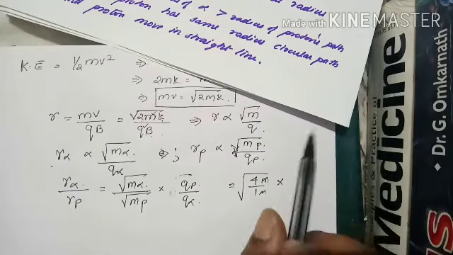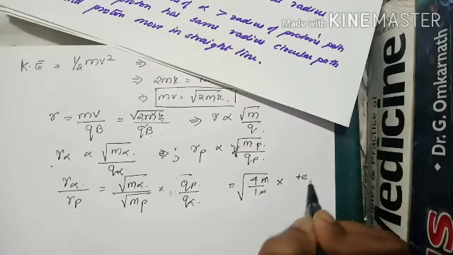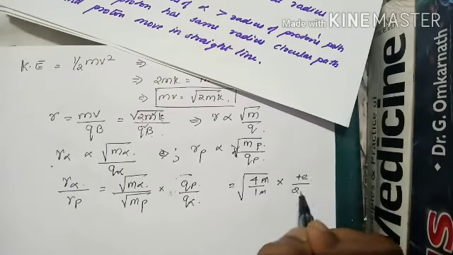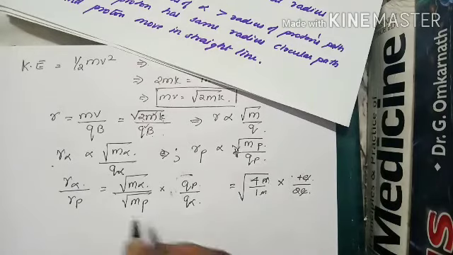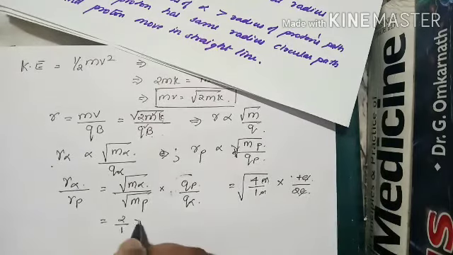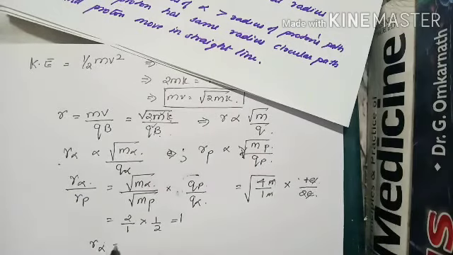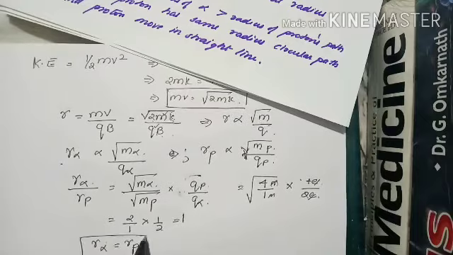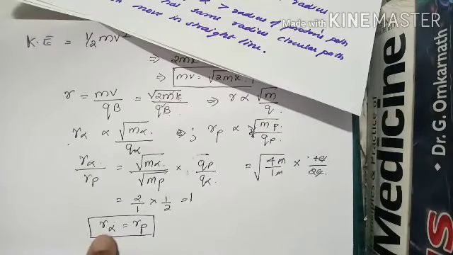You are given charge of the proton is 1 electron, so I will write it as plus e, and what is q alpha? It is 2e. So e cancels out, so it is 1 by 2. So this root 4 by 1 becomes 2 by 1. So it becomes 2 by 1 into 1 by 2, that is equal to 1. Or I can say r alpha is equal to rp, that is both proton as well as alpha is having same radius.